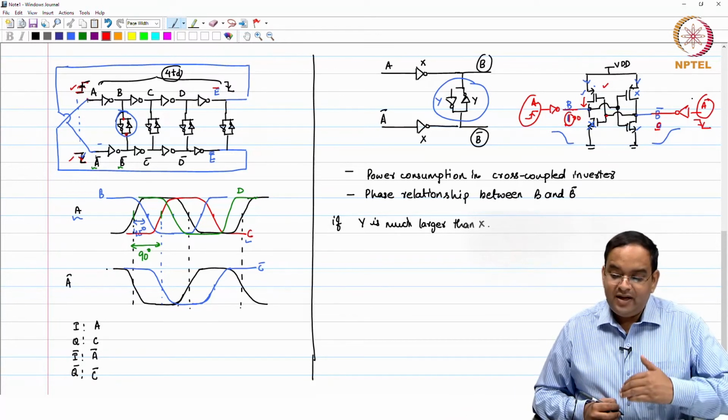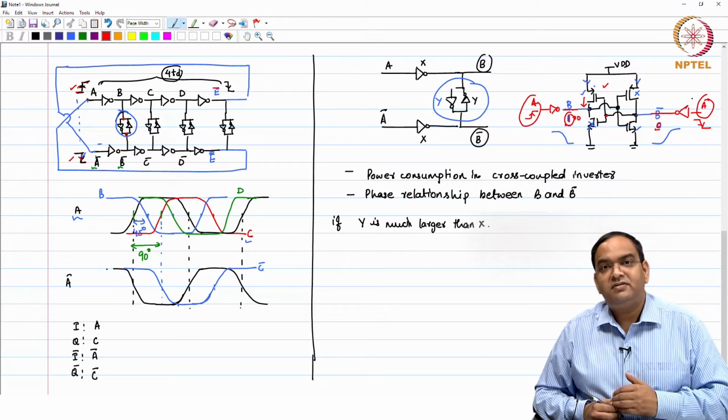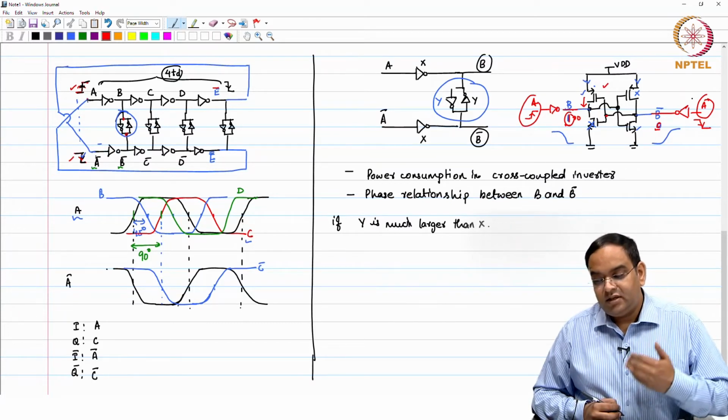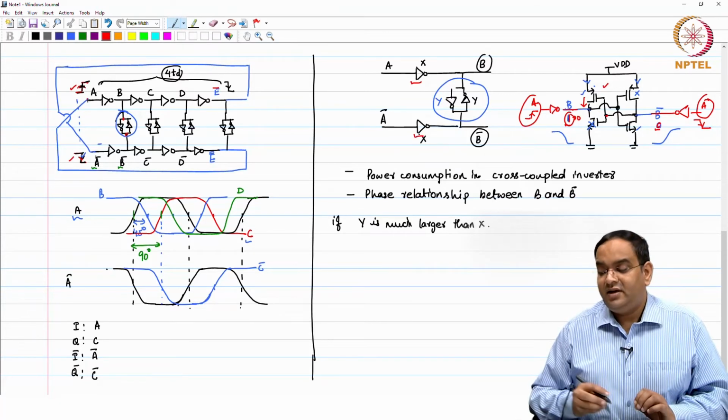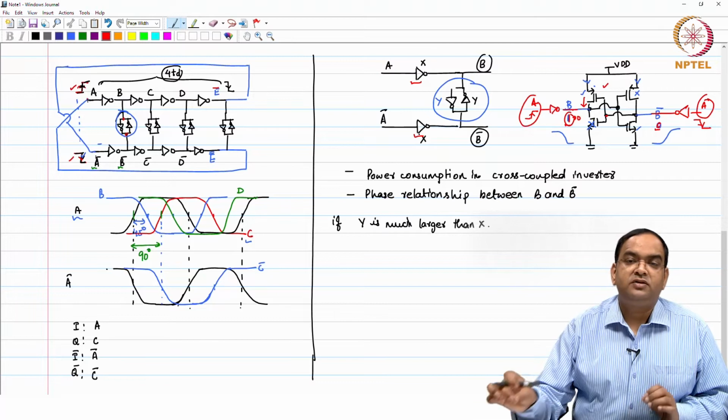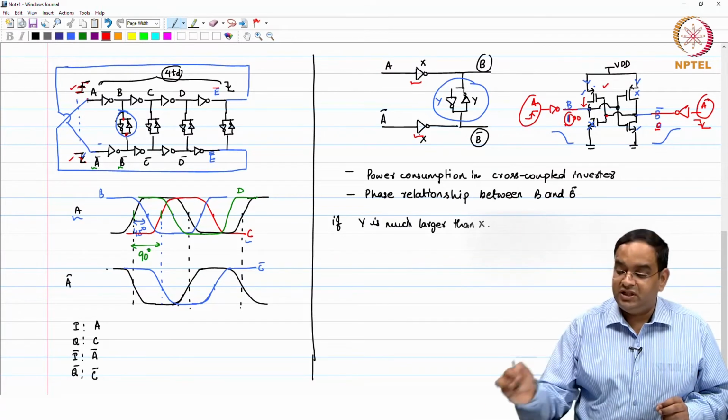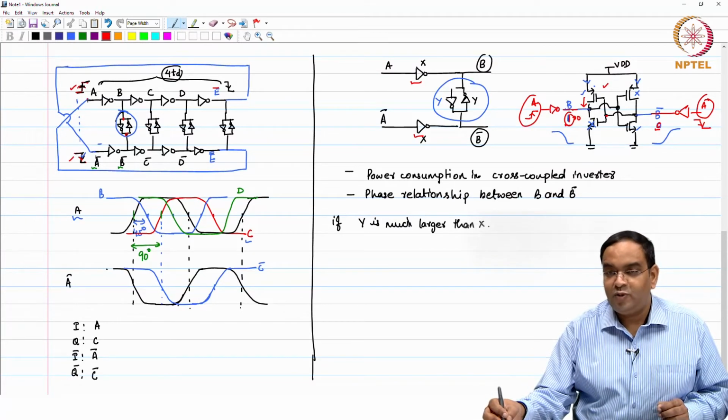So, if you make your cross coupled inverter size much larger than your main inverters for the ring oscillator, then these cross coupled inverters will oppose the changes. Okay, they will oppose the changes.